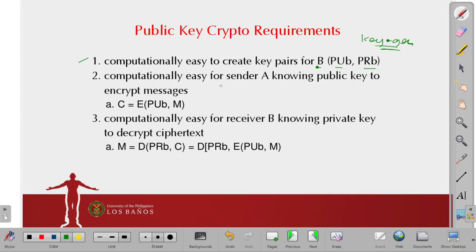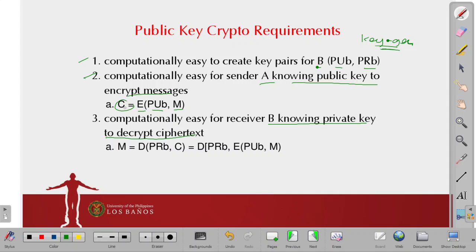Second, it's computationally easy for sender A, knowing the public key, to encrypt messages. So that means that it's easy to perform encryption. So using the public key and the message, you get the ciphertext. Third, it should be computationally easy for receiver B, knowing the private key, to decrypt the ciphertext.